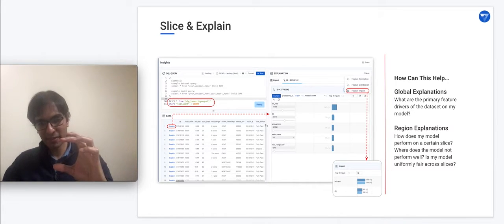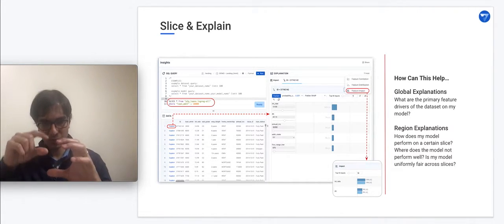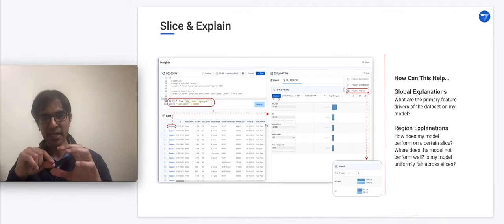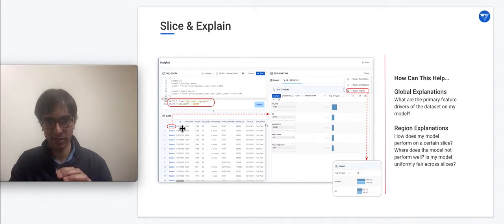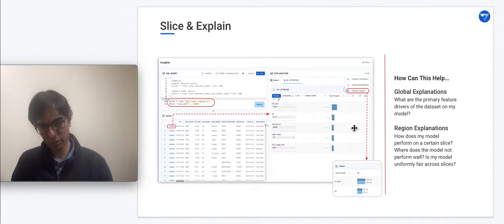And we offer many different flavors of explanation. So of course, you can go to individual points in the slice and look at attributions for them, which is this screen on the right-hand side of the page. This is an attribution for this first point over here. But then you can also look at aggregate attribution. So we show you a tornado chart of the average attribution across all of these points.